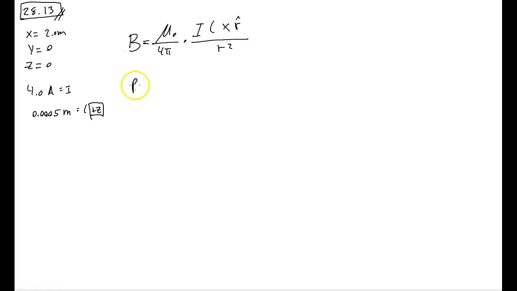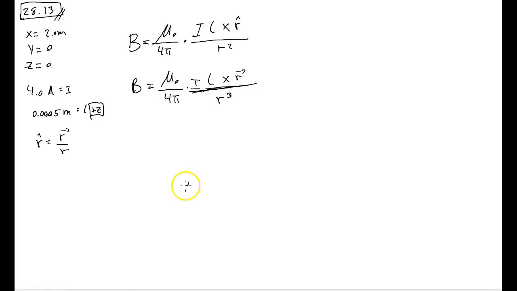And this can also be written like this, because we know that r hat is equal to r vector over r. Then we just substitute: dL cross r vector over r cubed. Right?